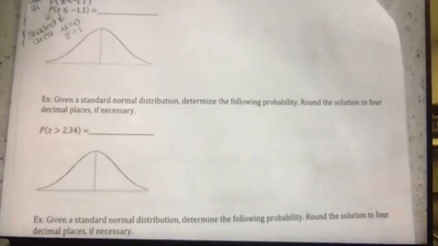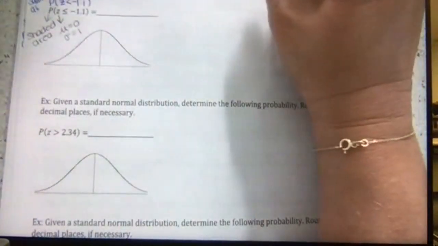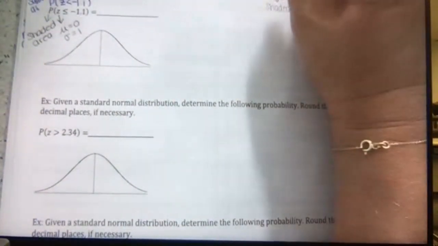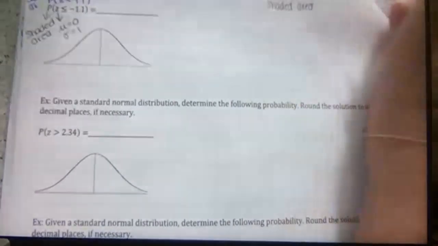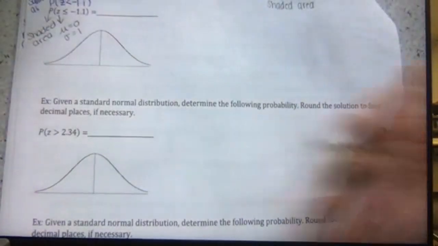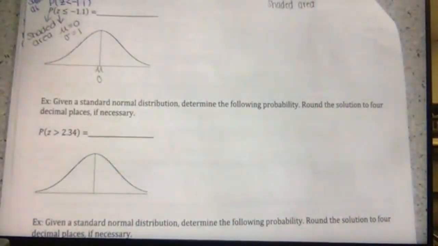So again, the following probability means shaded area. In the middle is our mean, which is 0. Then we have a z value of negative 1.1, so it's on the left-hand side.